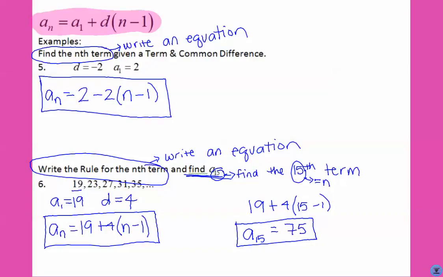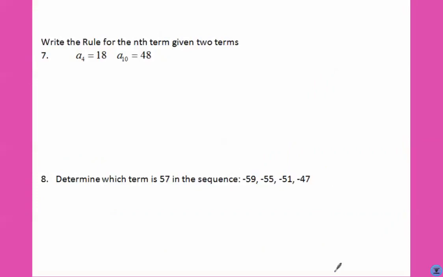All right, next type of problem. Again, it's asking us to write the rule. So again, we're writing the equation. If we're writing the equation, the two things we need to know are a sub 1 and the common difference, neither of which we have this time. So in order to find the common difference, we're going to take our two terms and subtract them. So 48 minus 18.